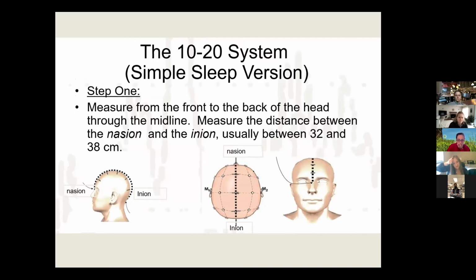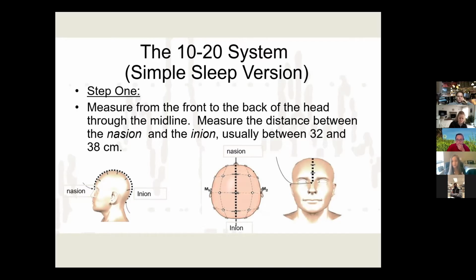Something that you do during the hookup is you always leave the tape measure on the head for each step. So you can ask the participant to help you. You would put it on their nasion and ask, hey, can I have you hold this for a couple minutes? And then you would wrap the tape measure around and get that full length. And then you have to do a bunch of calculations, like what is 10% of this full length?